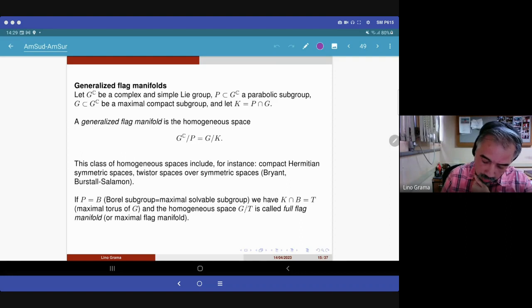Just recall, a parabolic subgroup is a subgroup that contains the Borel subgroup. But in the case the parabolic is the Borel subgroup, we have this intersection is the maximal torus, and this homogeneous space is called a full flag manifold or maximal flag manifold.